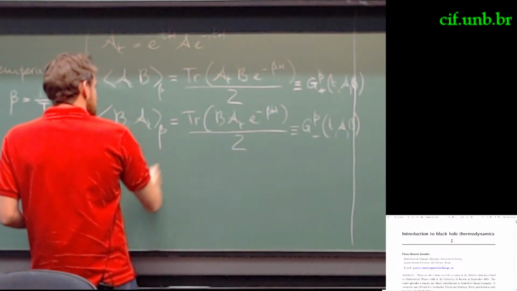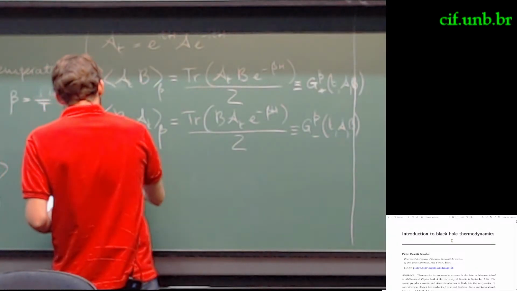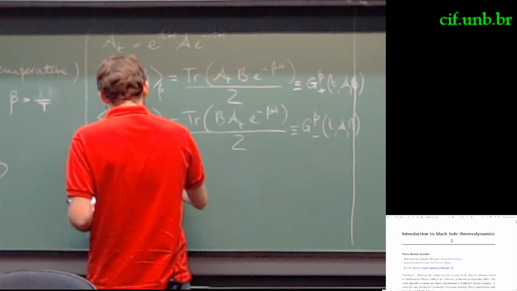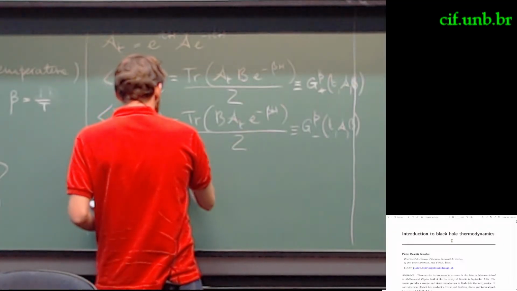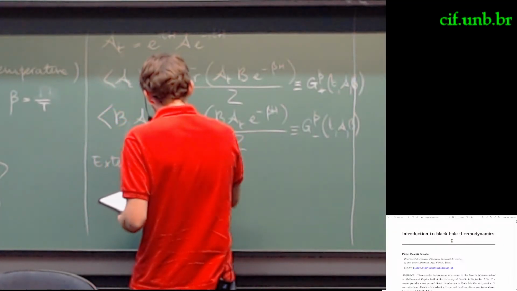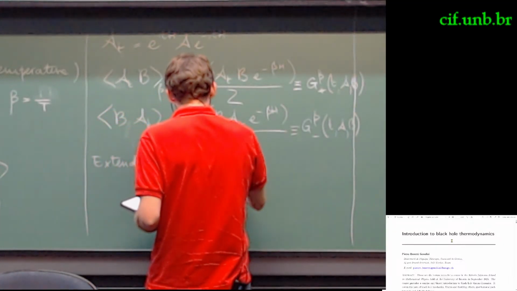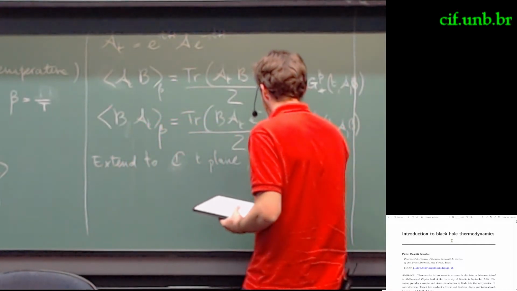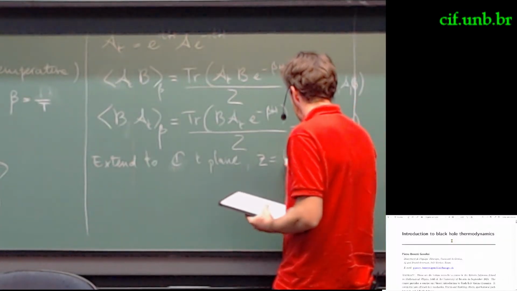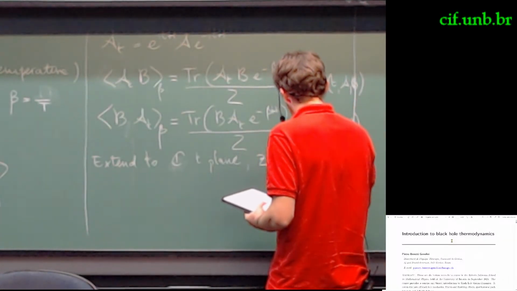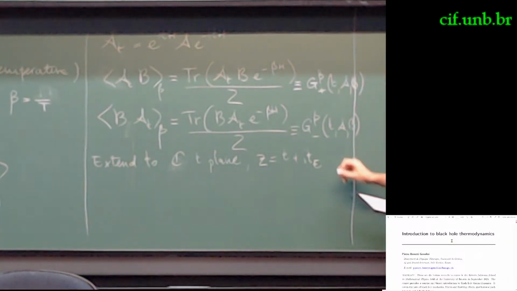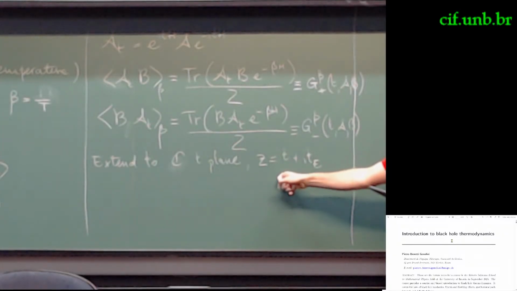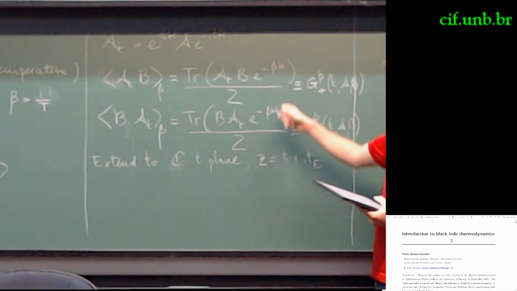Okay, so now I extend these to the complex t-plane, where z is a coordinate. So z is t plus i tau, where both of these are real. And tau equal to 0 corresponds to the real t part, which is where these are defined by physics.